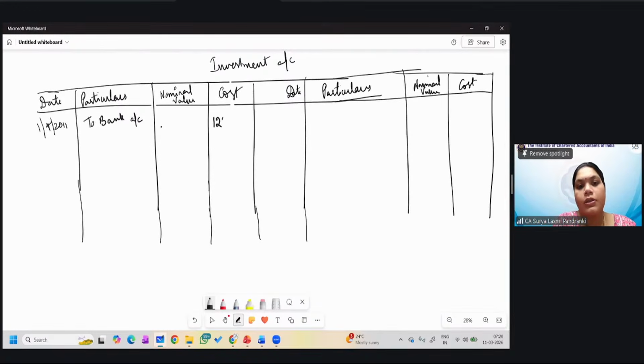The total cost is 1,23,000. And what is the nominal value? It is 1 lakh. How did we get 1 lakh?